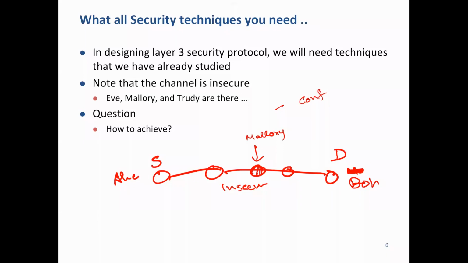Whatever is being sent should reach as it is, without changing, and then we say we are achieving integrity. And if Bob is receiving from Alice, and it actually comes from Alice, then we are achieving authentication. We will use the techniques that we have studied here.